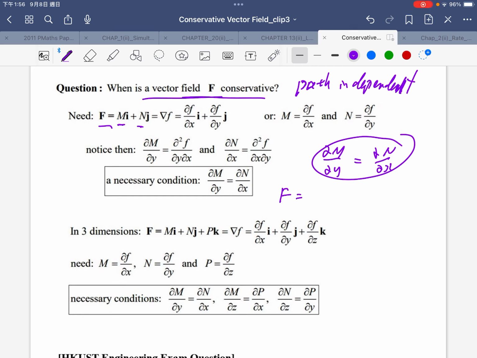The vector field can be written as Fx i plus Fy j. Then partial differentiate with respect to y, and partial differentiate with respect to x. Then if this is equal, then conservative.